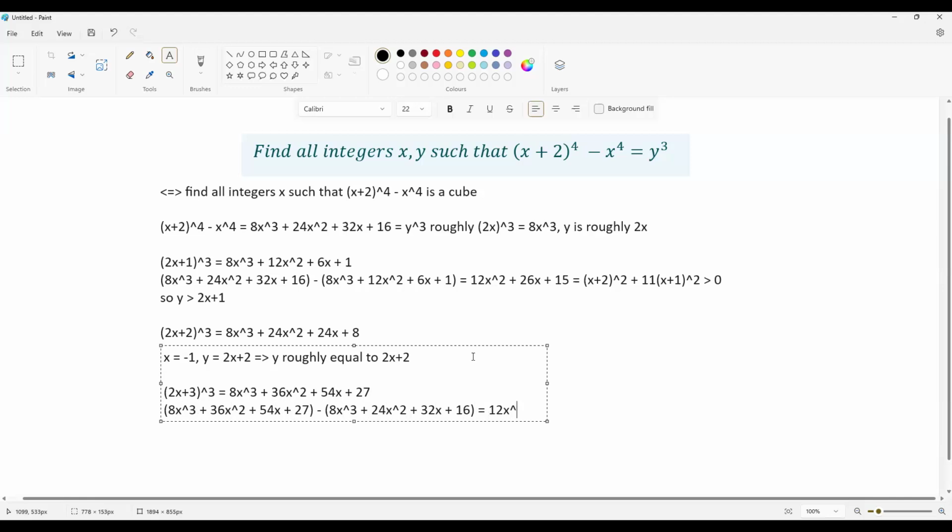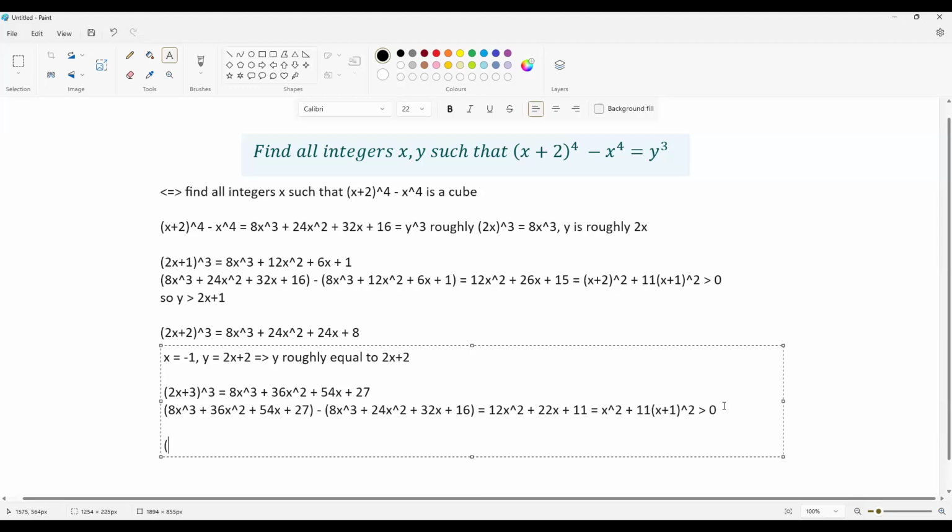That equals 12x squared plus 22x plus 11, which is equal to x squared plus 11 times (x plus 1) squared, which is always bigger than 0. So therefore, (2x plus 1) cubed is always less than y cubed, which is always less than (2x plus 3) cubed.